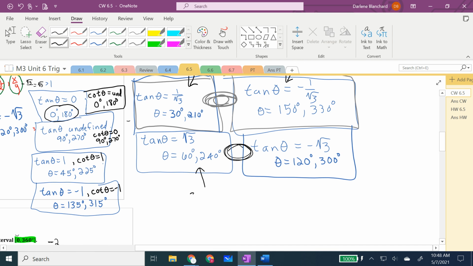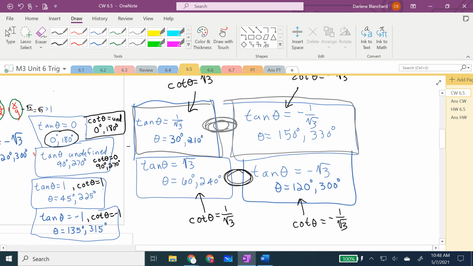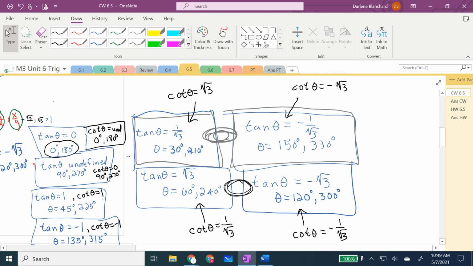And the reciprocal of root 3 is going to be 1 over root 3. Now, when you look at all of them written down, it looks like too much.